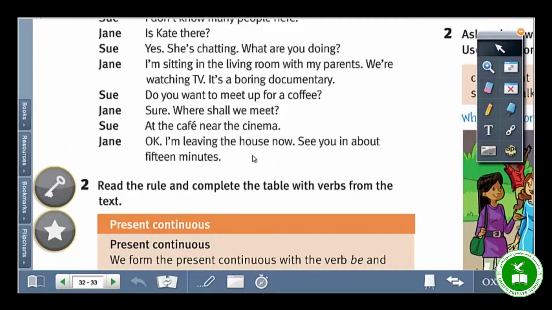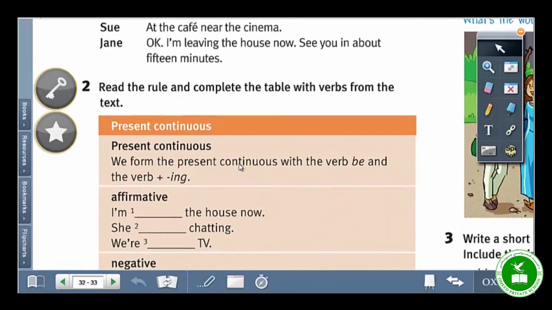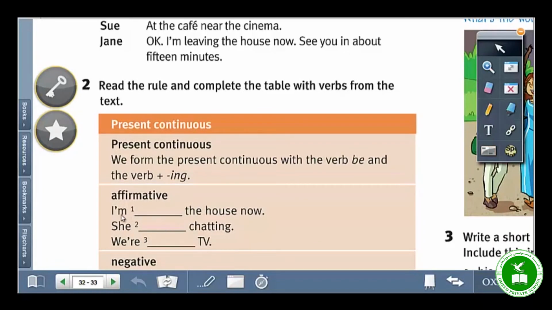Okay, so here we have to write what? I'm leaving the house now. Number 2, she chatting. So what do we use here? She is chatting. Very nice.